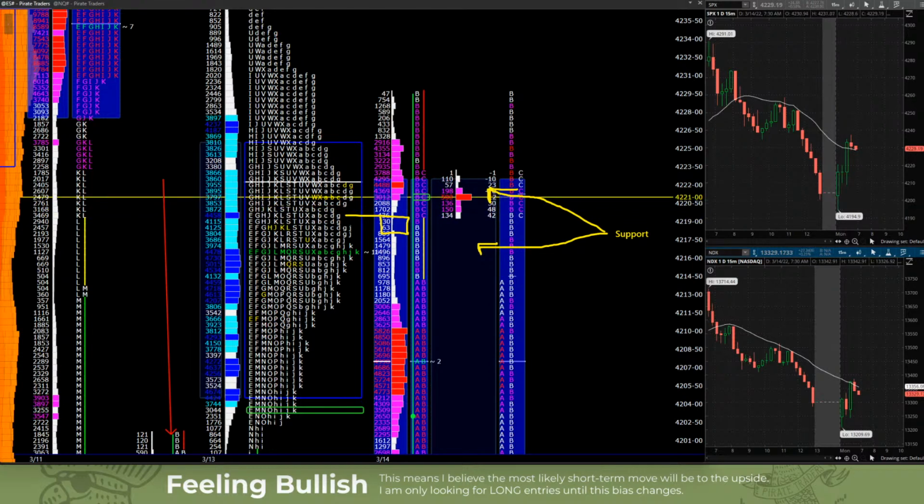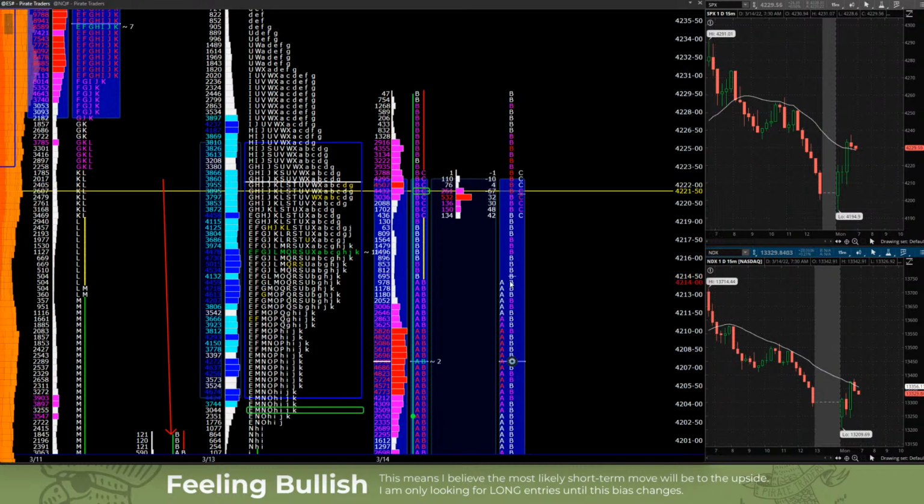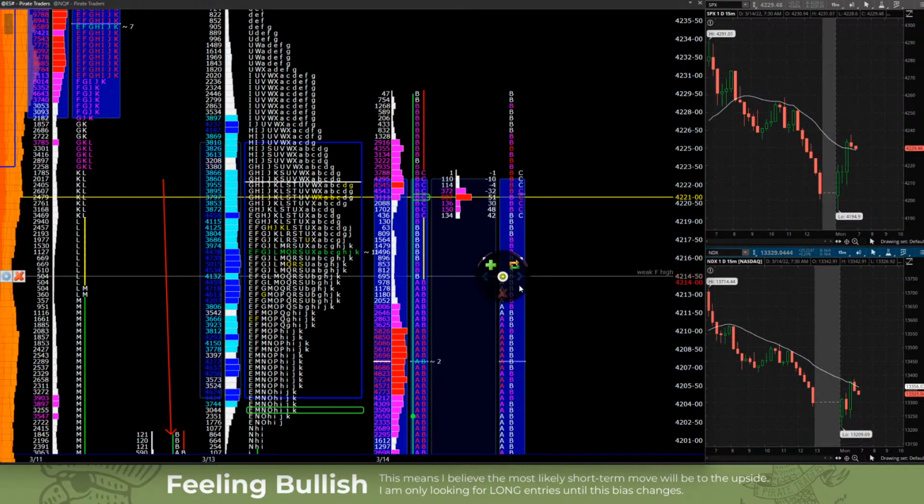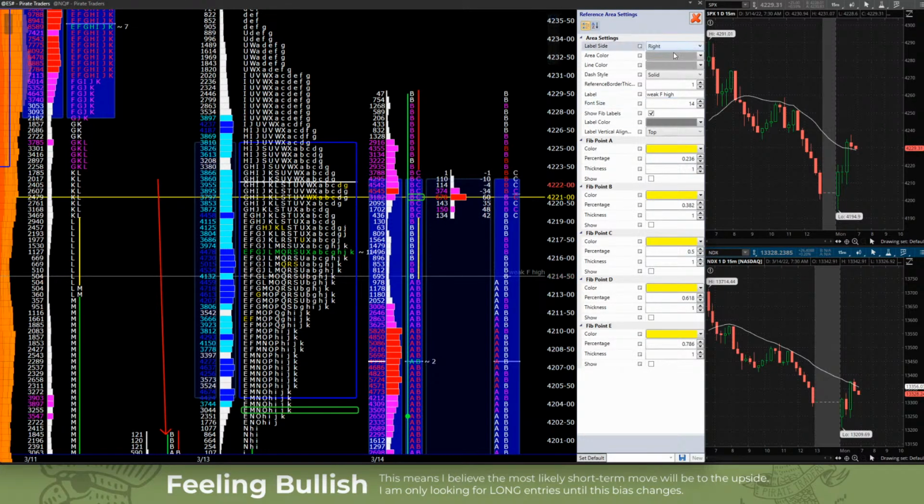Oh, actually, I just noticed as we print the C period, we've also now left a set of single prints behind in the B period. So that increases the odds a little bit. We need to pull down to here, looking for support at 42.1450.